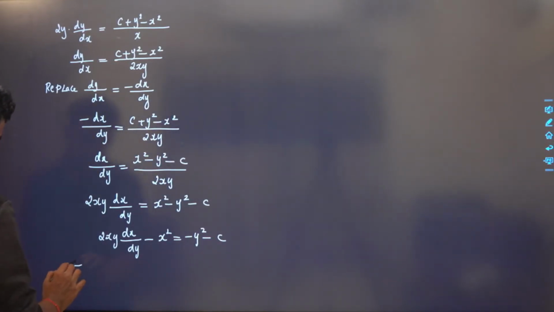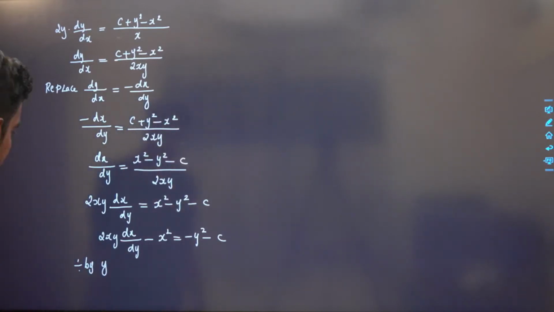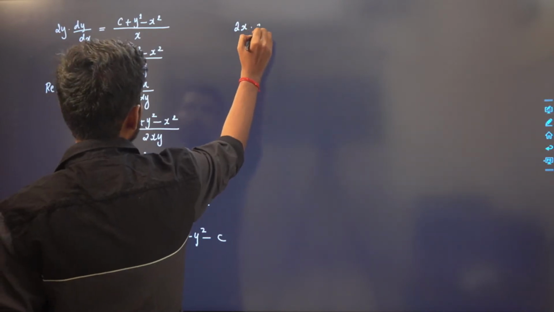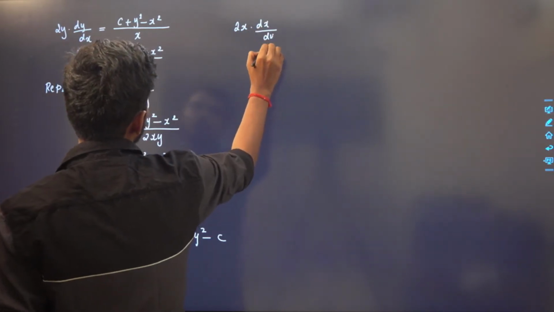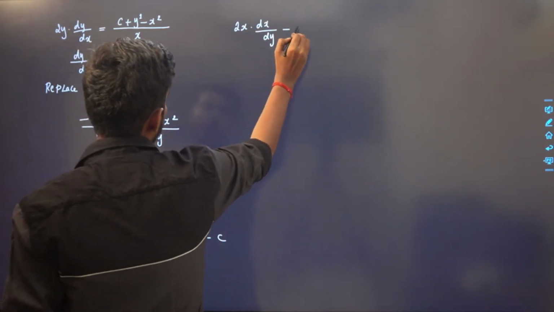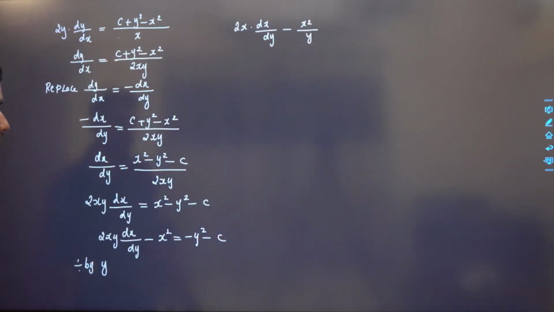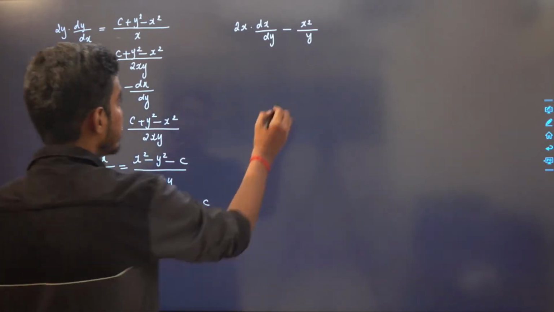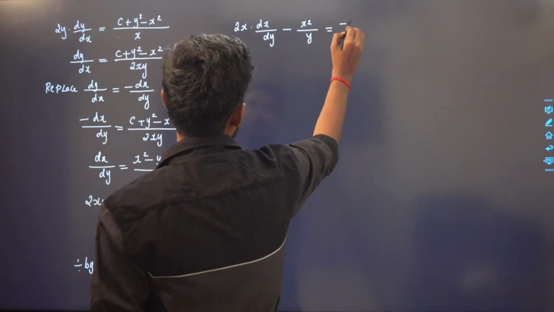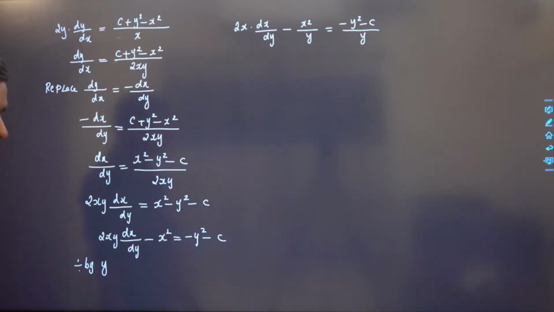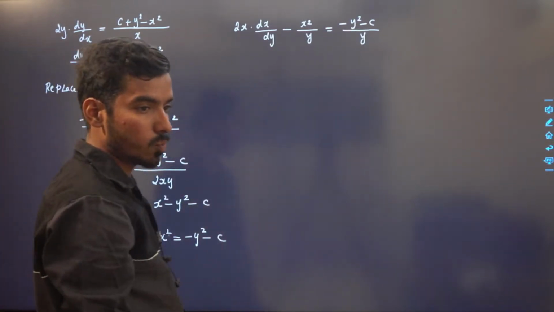So if I divide throughout by y, we have 2x dx by dy minus x square by y is equal to minus (y square minus c) by y.